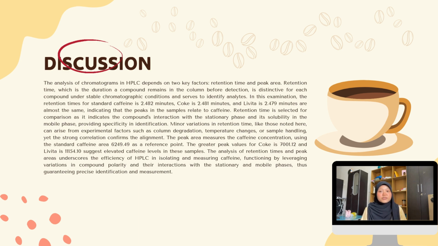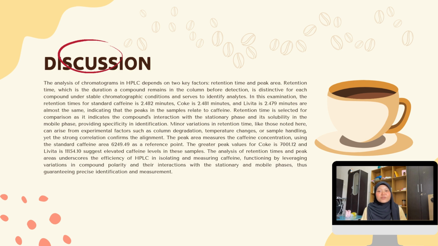Minor variations in retention time, like those noted here, can arise from experimental factors such as column degradation, temperature changes, or sample handling. Yet the strong correlation confirms the alignment. The peak area measures the caffeine concentration using the standard caffeine area, which is 6249.49, as a reference point.